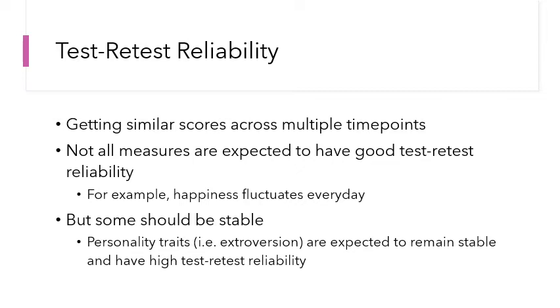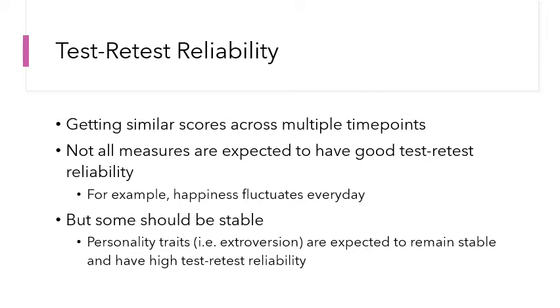Now I want us to notice that not all measures are expected to have good test-retest reliability. For example, something like happiness fluctuates every day. You wake up every day feeling slightly different happiness than you did the day before, and especially from week to week, right? There are events that can happen that can change your happiness.